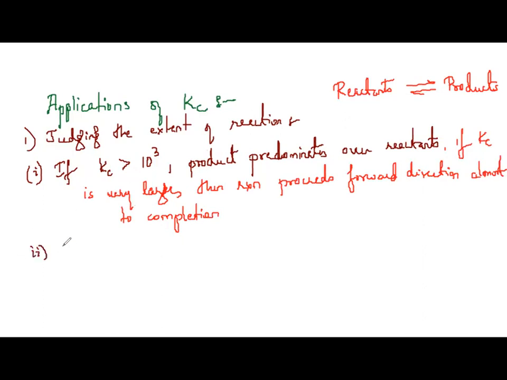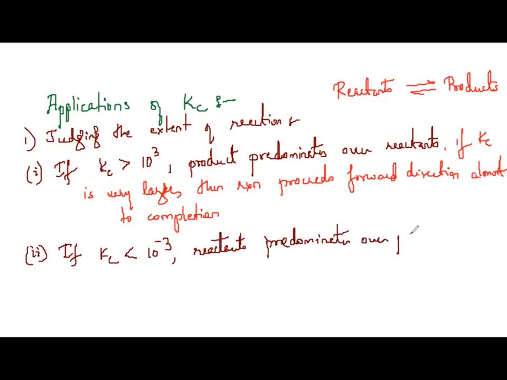Second point. If Kc is less than 10 raised to minus 3, it means reactants predominate over products. So what does that mean? Reactant is more, which means the backward reaction is more, or hardly the reaction has started.